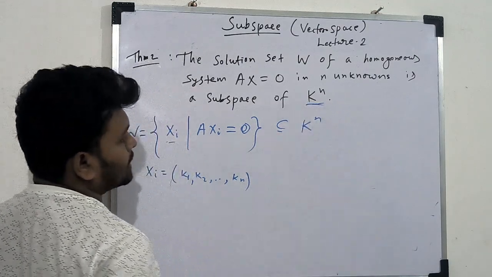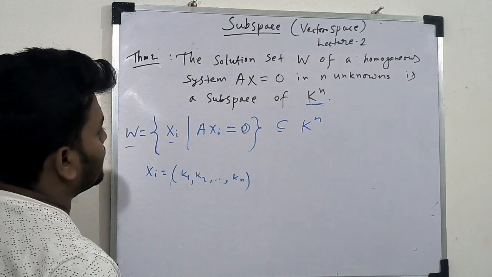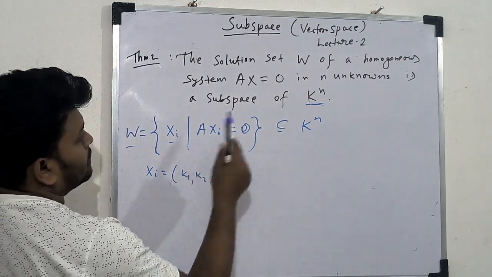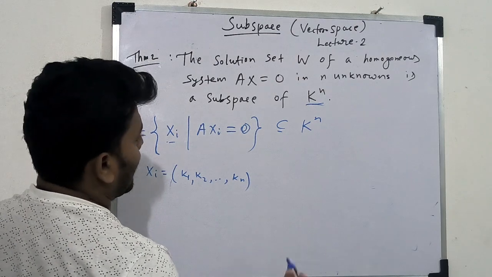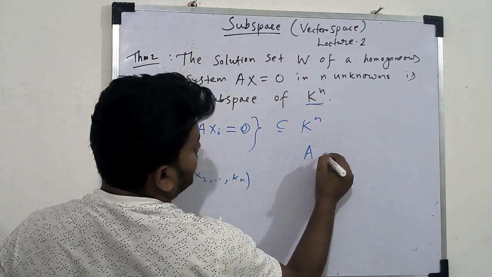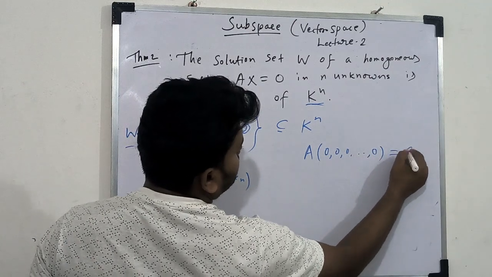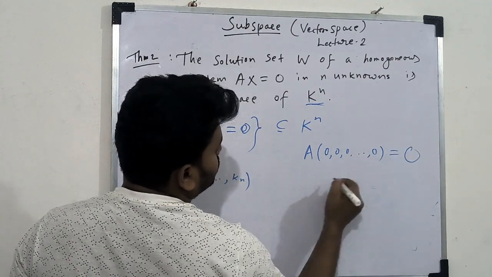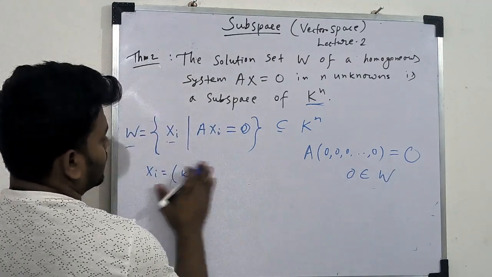As Kn is a vector space, if we prove that this is a subspace, then it will become a subspace of Kn. So for that, A times 0 is equal to 0, so the zero element belongs to W. Okay.